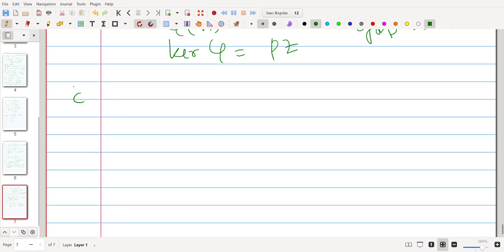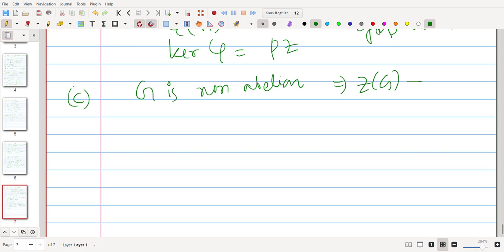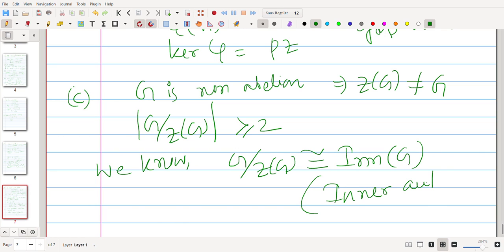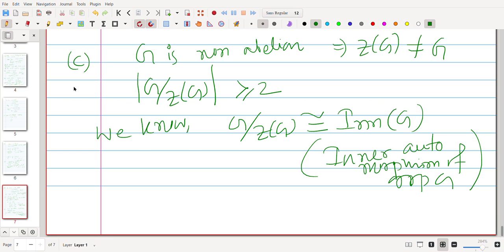Now come to option C. G is non-abelian, so that will imply Z(G) is not equal to G. That will imply G mod Z(G) has order at least 2. Now we know G mod Z(G) is isomorphic to Inn(G), the inner automorphism group of G. Hence the order of the inner automorphism group of G is greater or equal to 2.